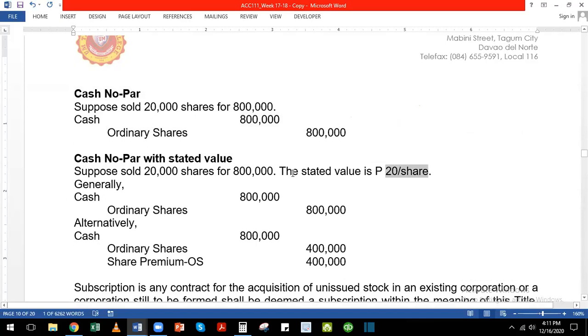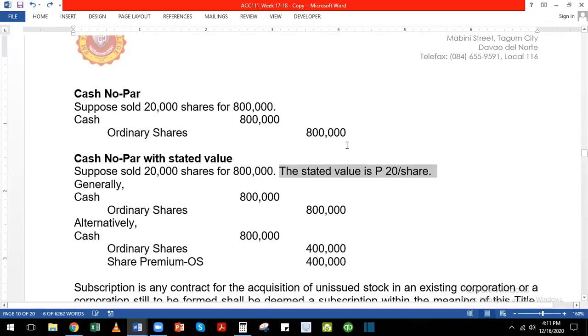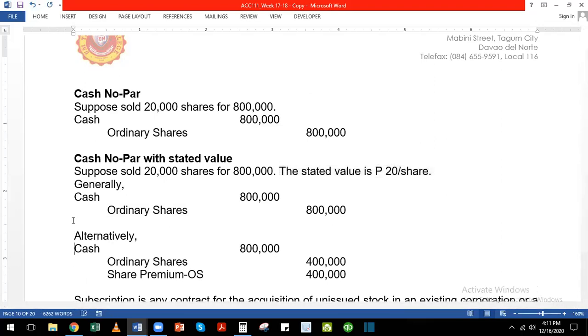Generally, pag wala siyang stated value, you just debit cash, then credit ordinary shares. Since meron siyang stated value, the entry will now be you debit cash for 800 and you credit the ordinary shares at stated value here. Magkano yung stated value? 20,000 multiplied by 20 per share.